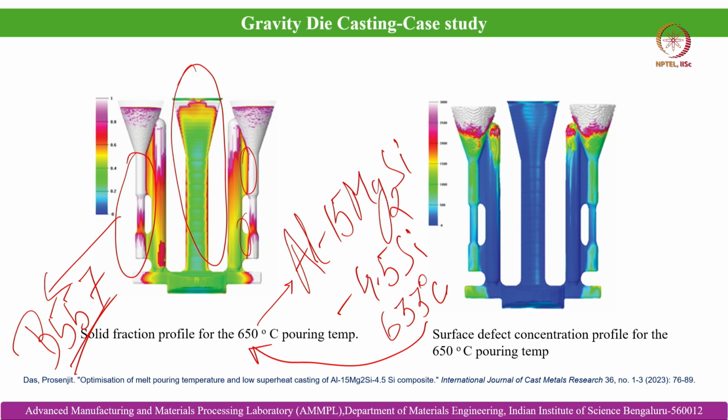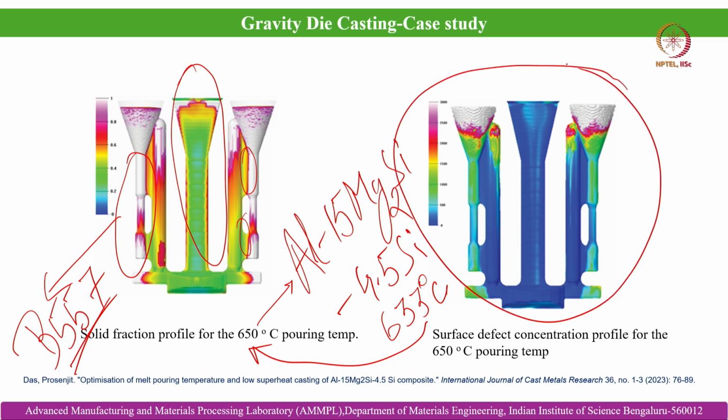Low superheat casting is done to achieve minimum defect concentration, which is also shown here. This is a typical example of the surface defect concentration profile at that pouring temperature. You can see minimum surface defects, although the higher amount of defects is at the top, in the riser section.